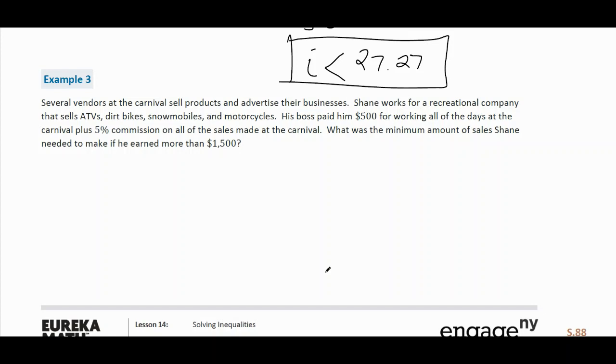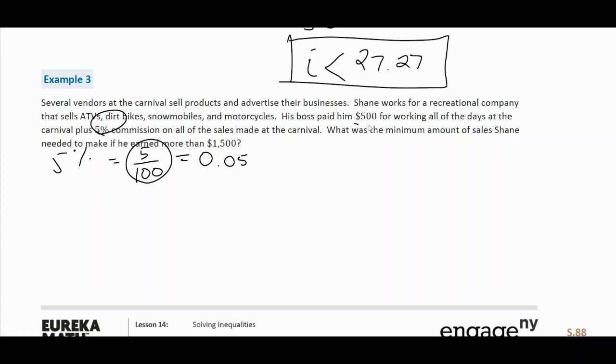$500 in amount. Okay, so now doing this, let us first change this 5% commission into a fraction, which is going to be 5 over 100, which is also the same in decimal, which is 0.05. But I prefer to use this particular fraction.